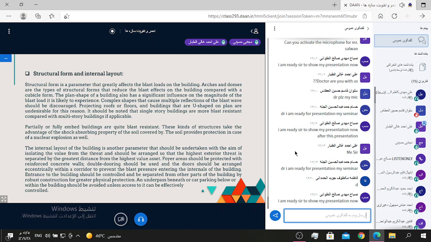Double doors should be used and the doors should be arranged eccentrically within a corridor to prevent the blast pressure from entering the internals of a building. Entrance to the building should be controlled and be separated from other parts of the building by robust construction for greater physical protection. An underpass beneath or car parking below should be controlled.